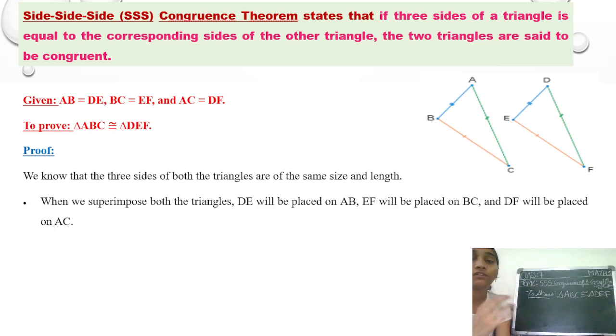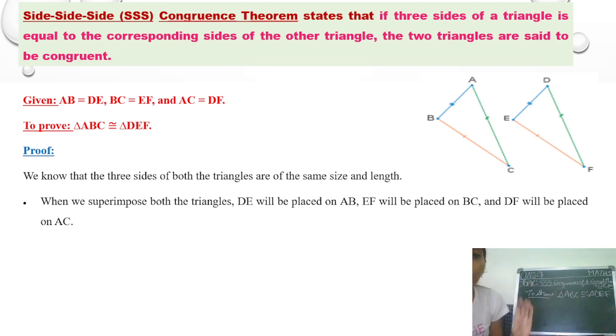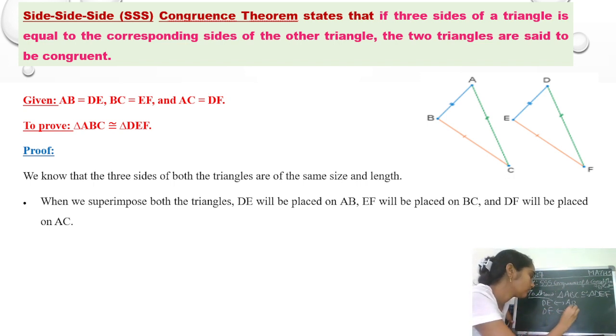So when we superimpose one triangle over the other, DE will be placed on AB, and similarly DF will be placed on AC, and EF will be placed on BC, or we can say they will be corresponding. Okay, like this.